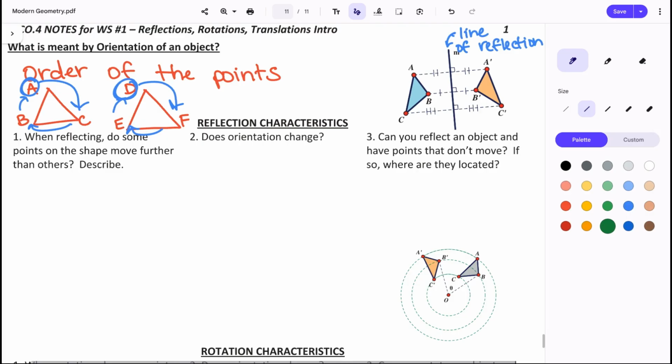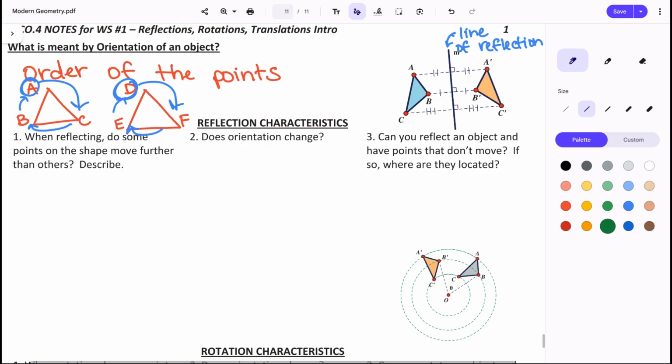And if you look, you can see on a shape like this, when you are reflecting, and we talked about this yesterday too, when I was giving the example of when you look in the mirror, if you stand closer to the mirror, your reflection is closer. And then if you back away from the mirror, your reflection gets farther away too. So if you're closer to the line of reflection, you're going to have less distance to cover when you have to move over to the other side.